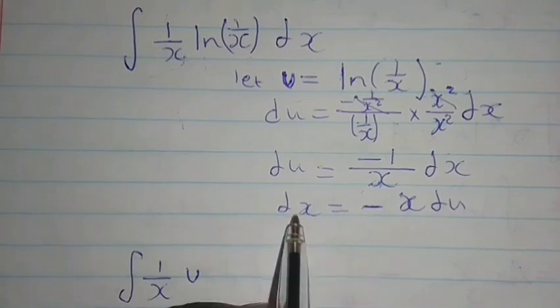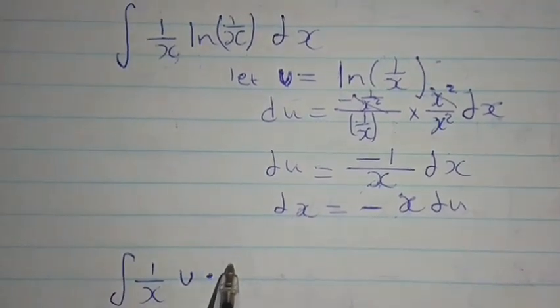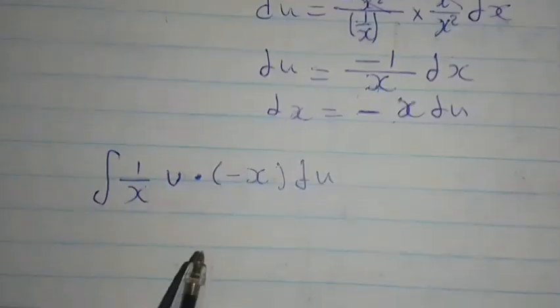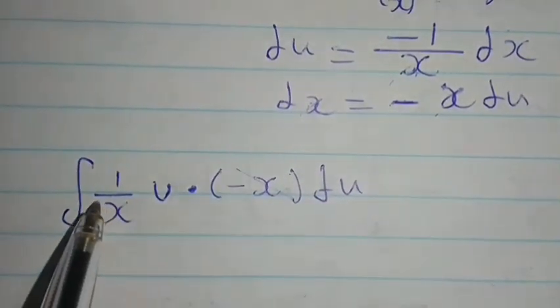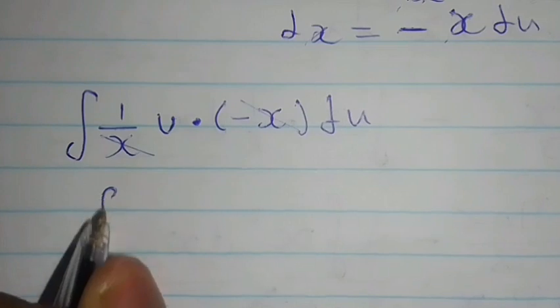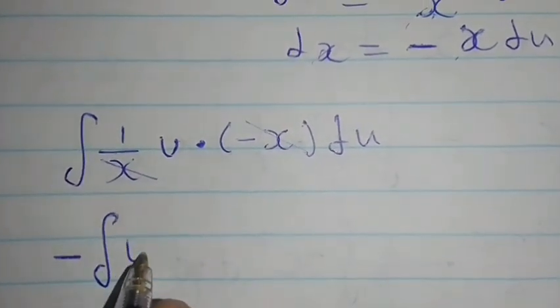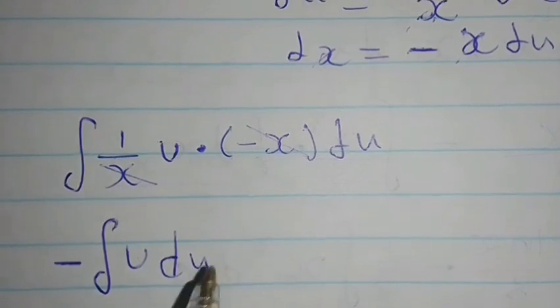Then you have u, and dx is the same as negative x du. Then notice that this x will cancel this x, and then you'll have the integral of minus u. I'm just going to take the negative outside. Then I have minus u du.